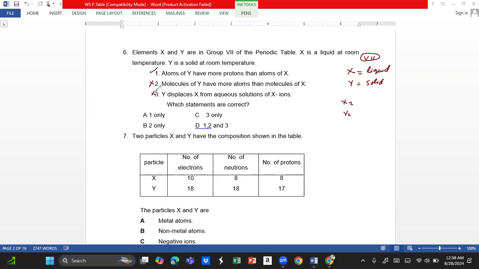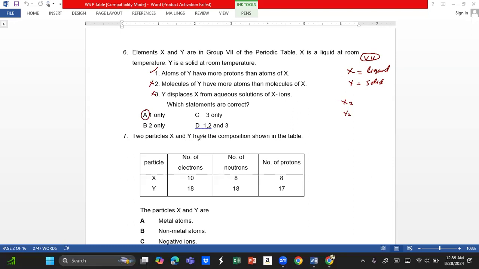No. If we know the reactivity of group 7 halogens, reactivity decreases down the group, that means X will displace Y, not Y will displace X. So only option 1 is left, that is A. This is how to solve MCQs. No need to work on other options because we reached the correct option and we are satisfied.